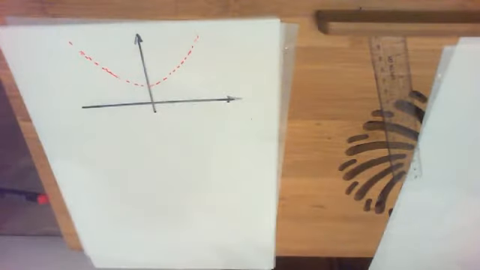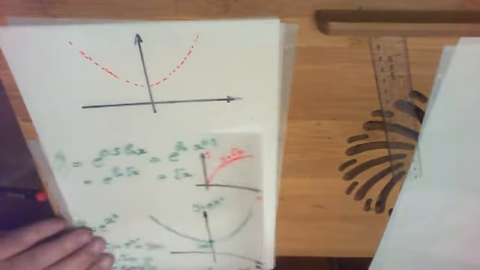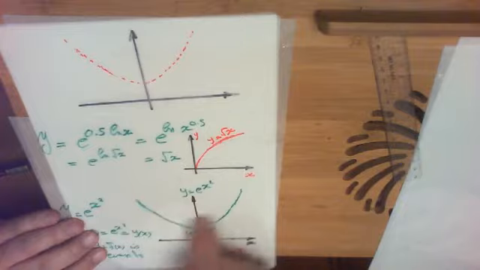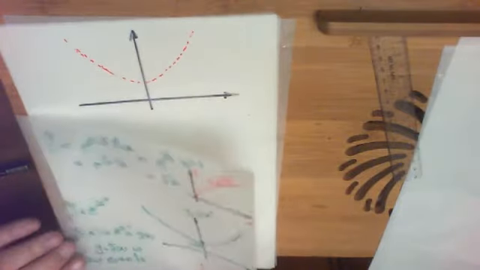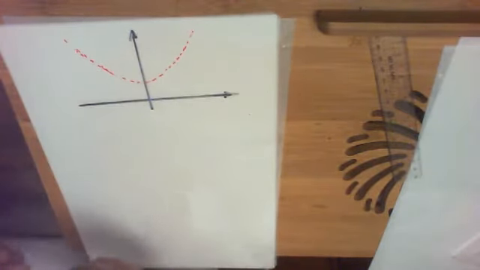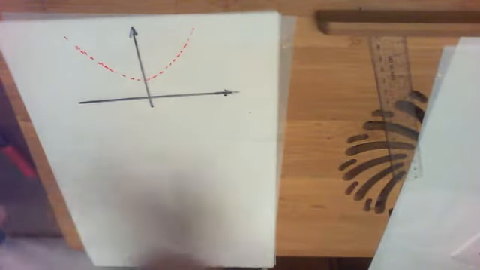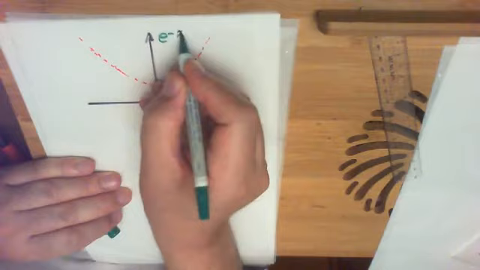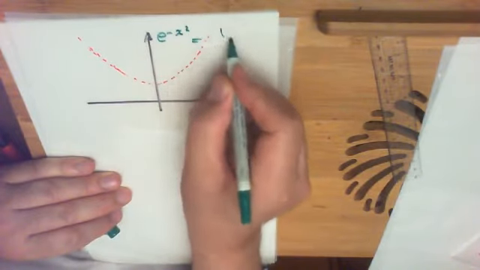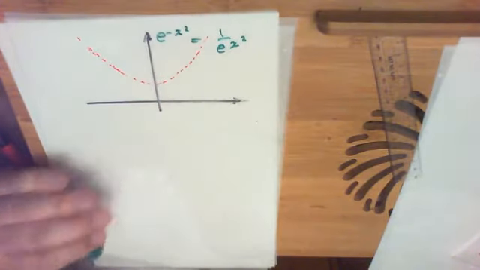This is, as you see before, just a few seconds ago, e to x squared, this one. Now we need to draw e to minus x squared, which is 1 over e to x squared.